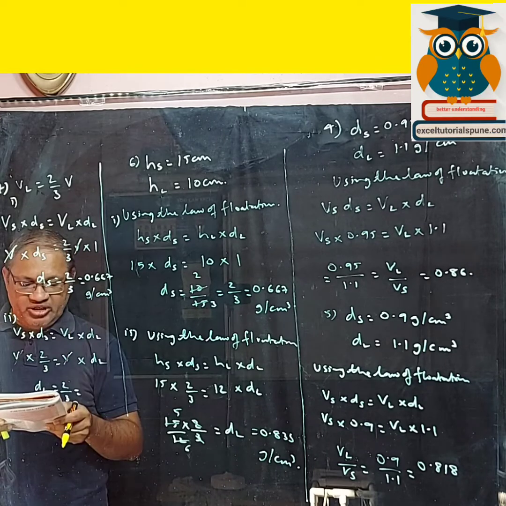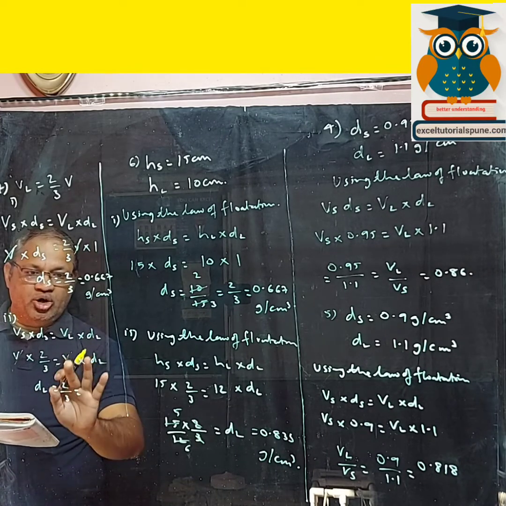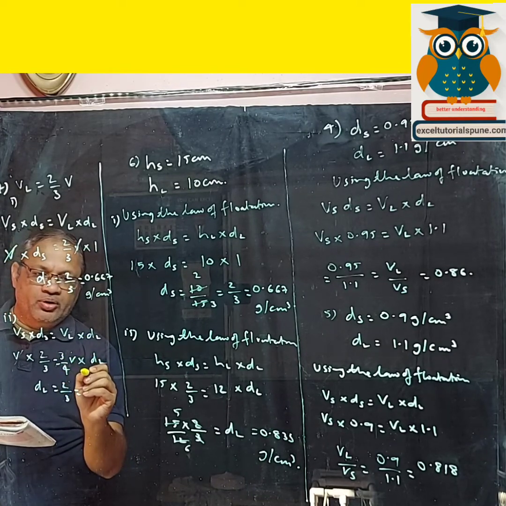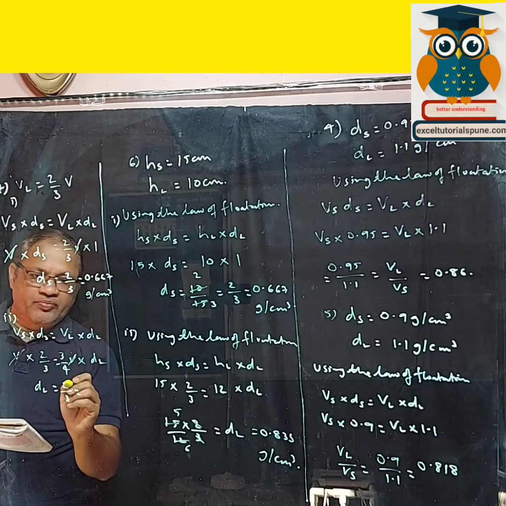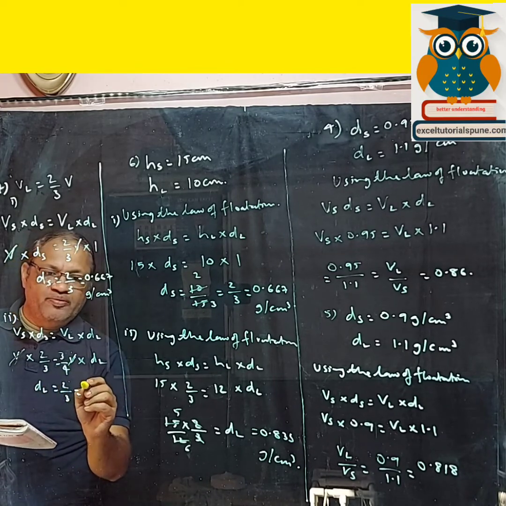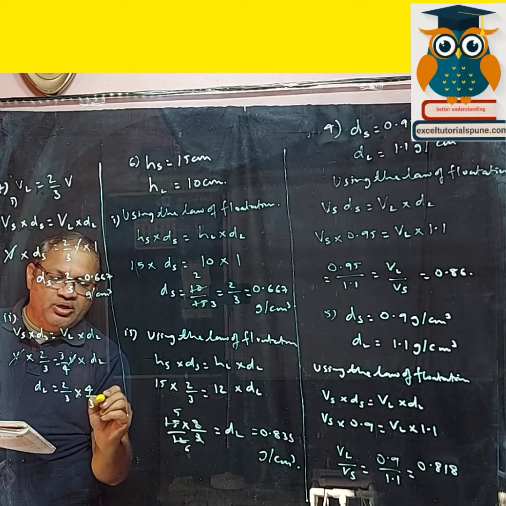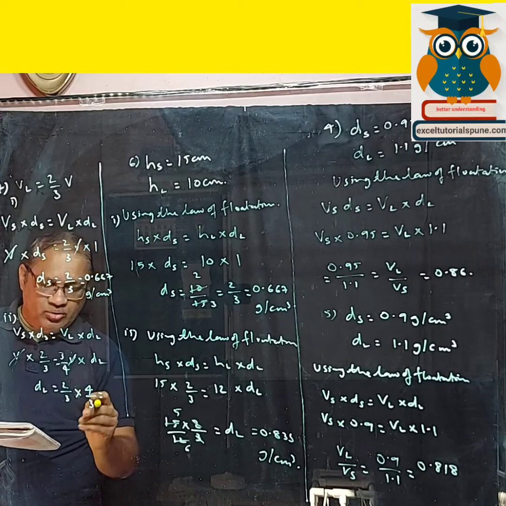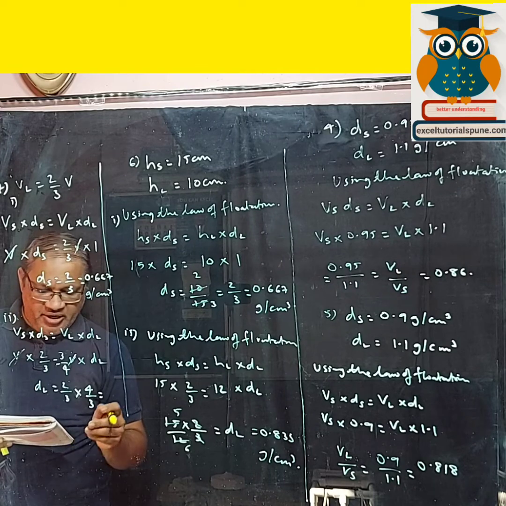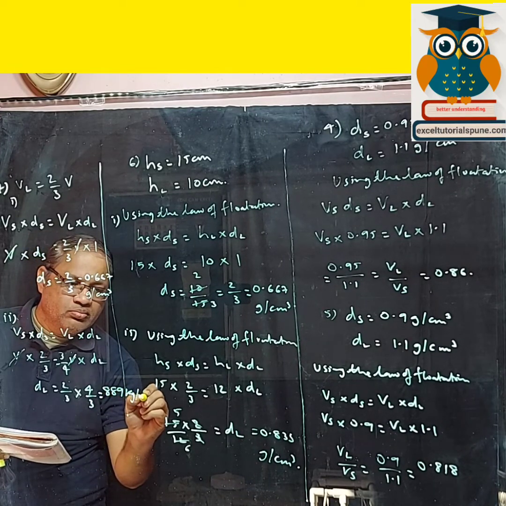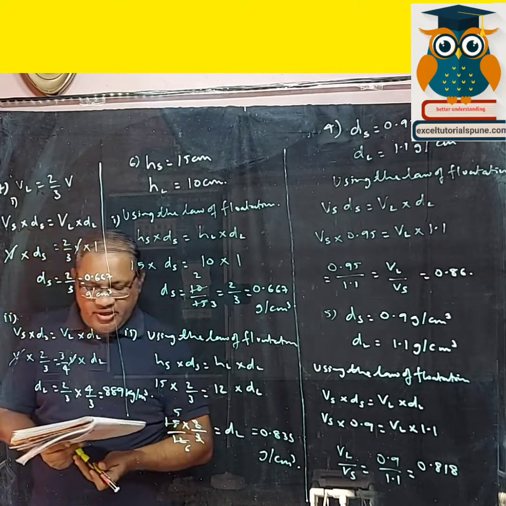Placed in oil, 3/4 of its volume is immersed in oil. That is 3/4 V. Okay, V gets cancelled. Then density of liquid will be 2/3 into 4/3. That comes to 889 kg per meter cube. Alright.